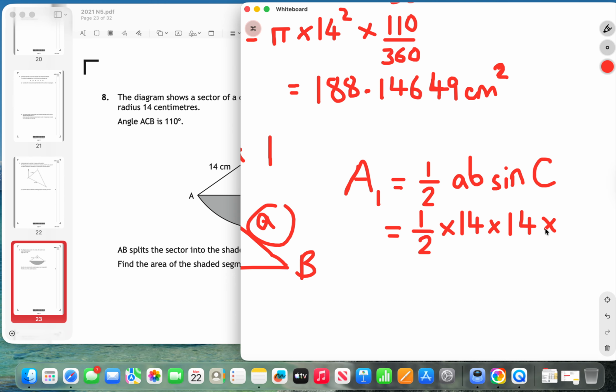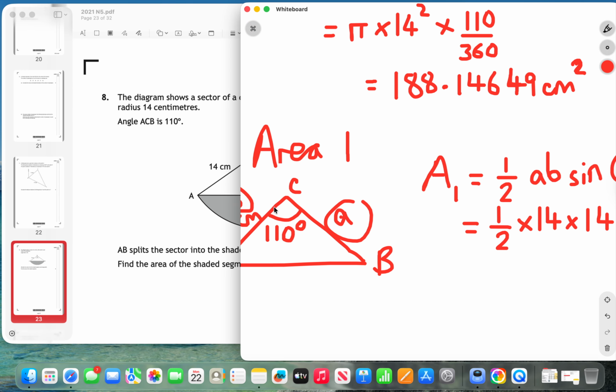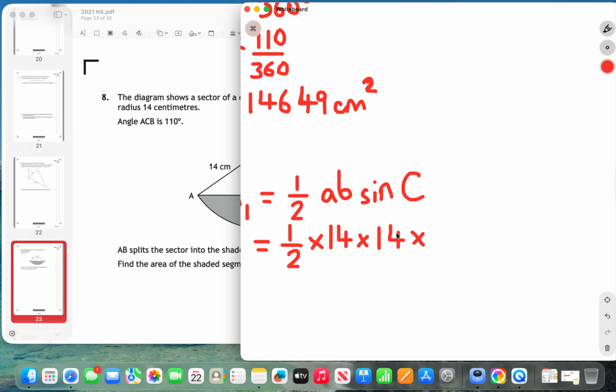Times the sine of angle C, which is this one, and it's 110. Make sure to use degrees and not radians on your calculator, as I always say. Something you'll notice if you do enough of these past papers is, if you make a mistake once or a few times, then you can iron them out, because a lot of the questions year on year are very similar.